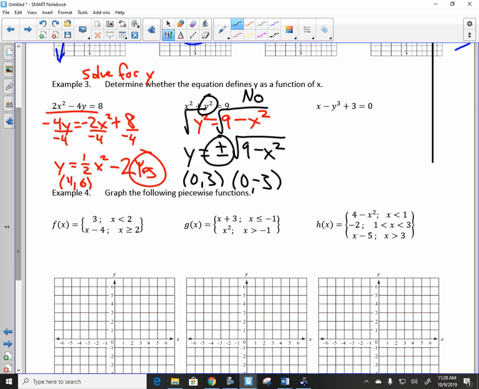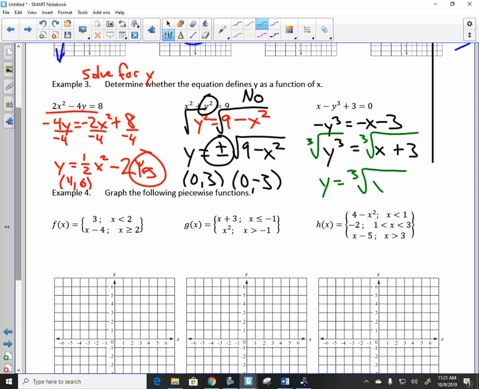The last one is a cube root. Negative y cubed is equal to negative x minus 3, as I move everything over to the right other than the y. Multiply through by -1, y cubed is x plus 3. And then when you get rid of a cubed root on a variable like y, you do the cubed root, you don't have to list all 3 solutions or 2 solutions or positive or negative, just y is equal to the cubed root of x plus 3.